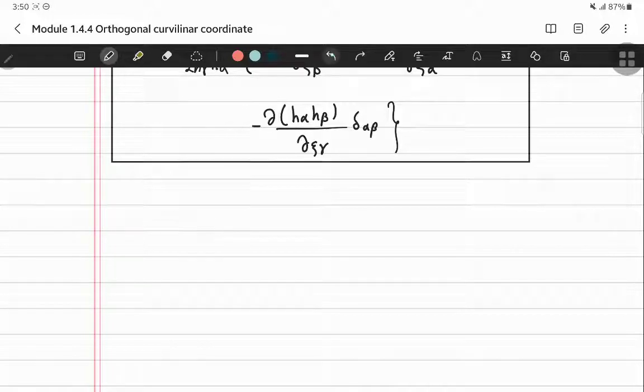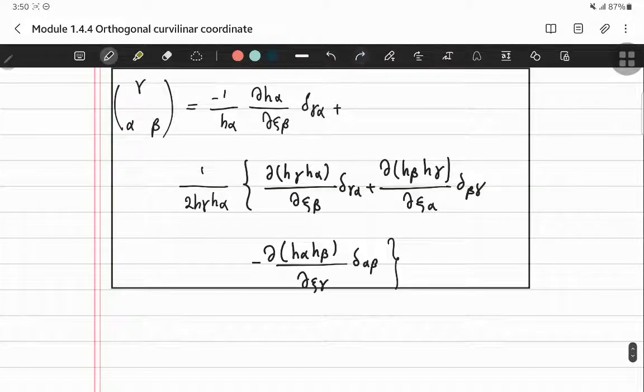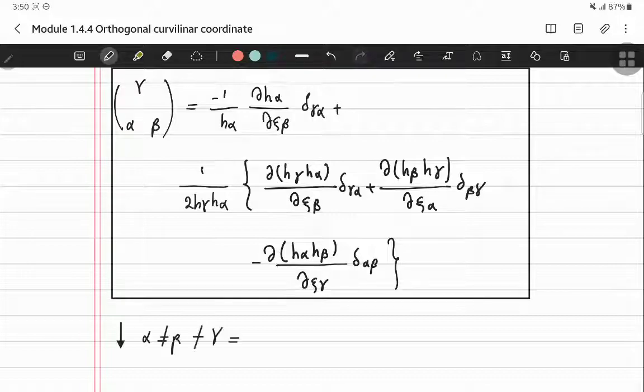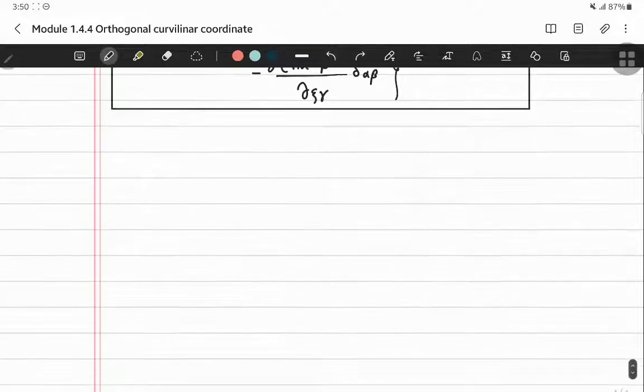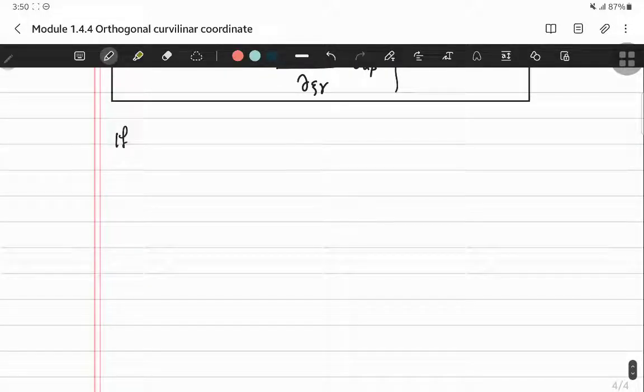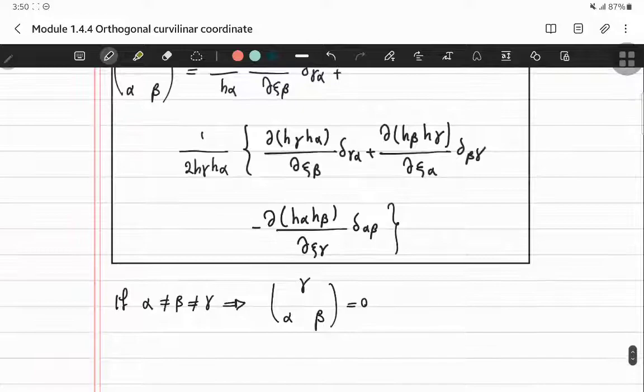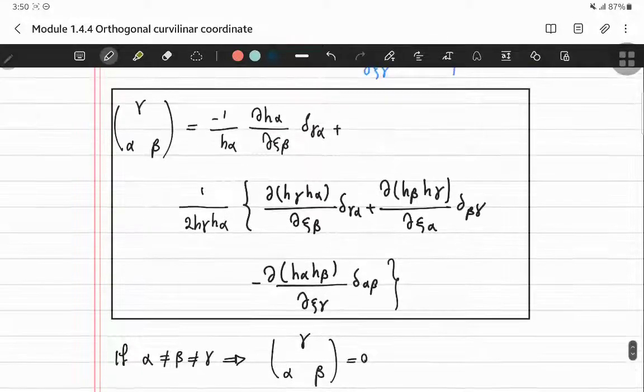So if alpha is not equal to beta is not equal to gamma, therefore this gamma alpha beta is 0. Why? Because we have here the delta operator. So if alpha is not equal to beta, this becomes 0 0 0, and this is also 0.